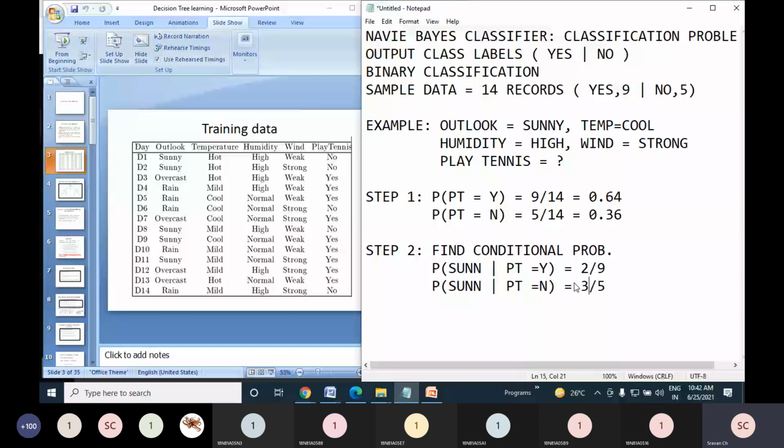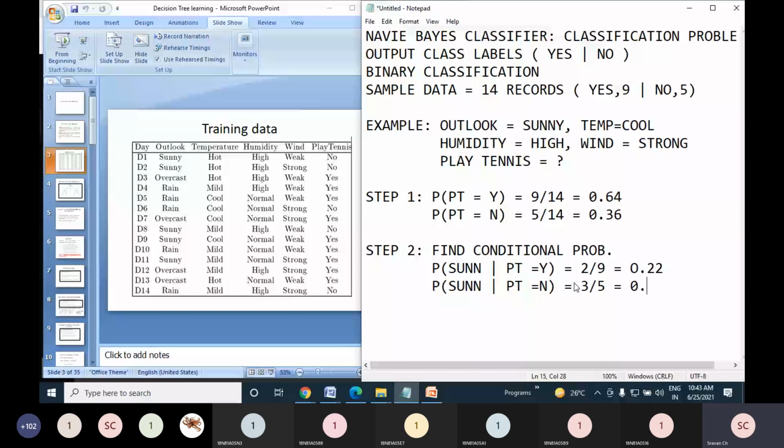So what is the value of 2 by 9? It comes somewhere around 0.22. And 3 by 5 comes somewhere around 0.6. This process I should repeat. How many conditional probabilities should I find?